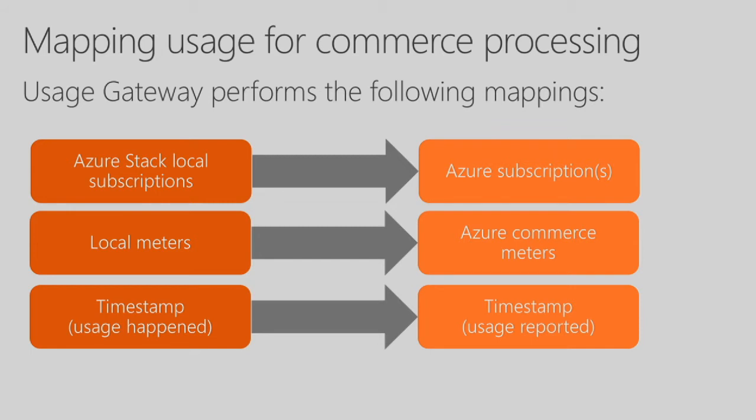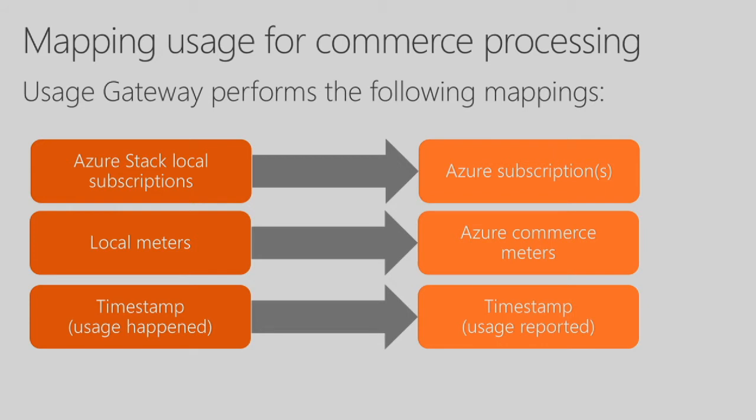Now, all this information that we modify, we do not throw the original values away. The original values are stored in the additional fields of the usage records that we submit to Commerce. So what this means is that when you see your billing reports or you query Azure using the usage APIs, you will find that information.